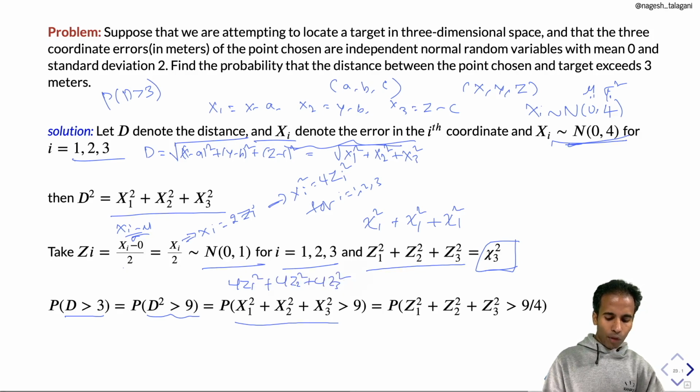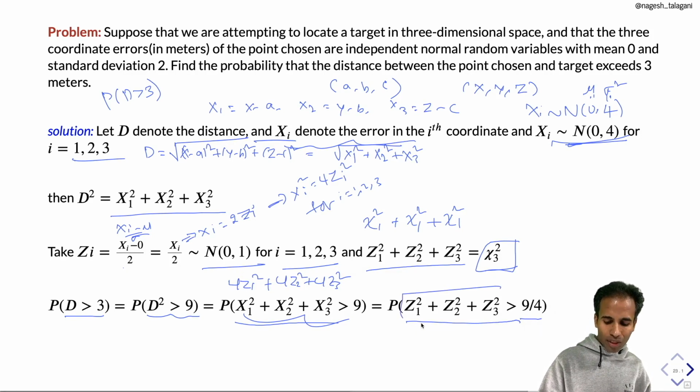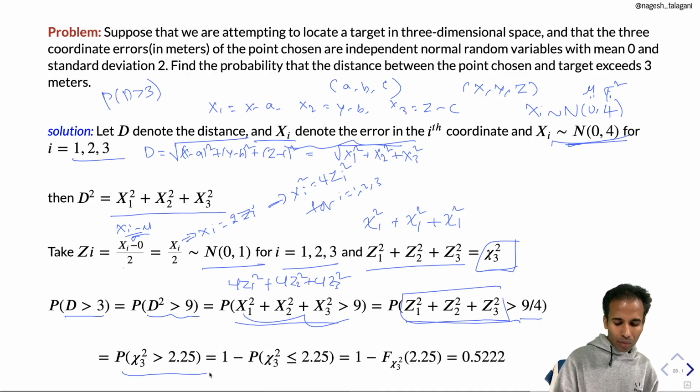If I take this 4 to the other side, I can write this event as z1 square plus z2 square plus z3 square greater than 9 by 4. So we have to find the probability of z1 square plus z2 square plus z3 square greater than 9 by 4. But what do we know about this? This is a chi-square 3 random variable. So we have to find the probability of chi-square 3 greater than 2.25. This 9 by 4 is the value 2.25.